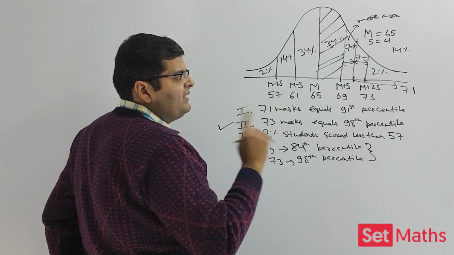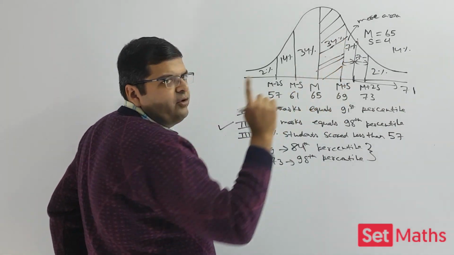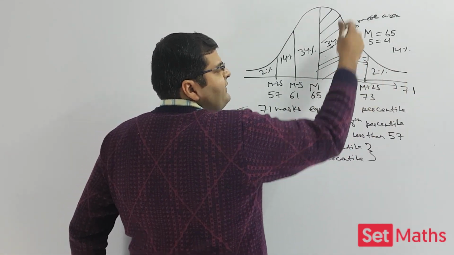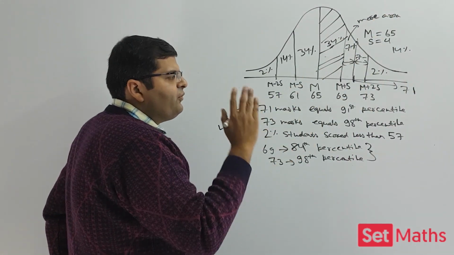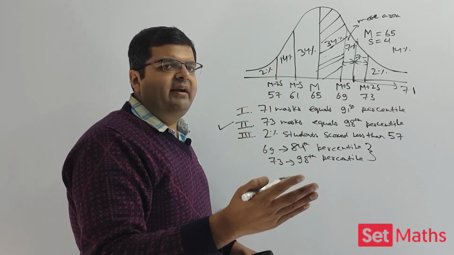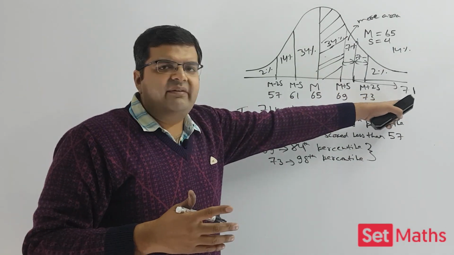Again, I'll tell you how this happened. Till 69, 84% of data is covered. To reach 71, more than 7% of data is required. So from 84%, if more than 7% is required, that means more than 91% will be required to reach 71.